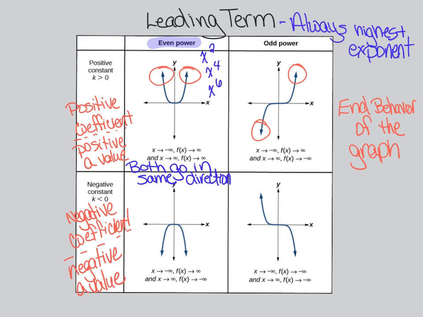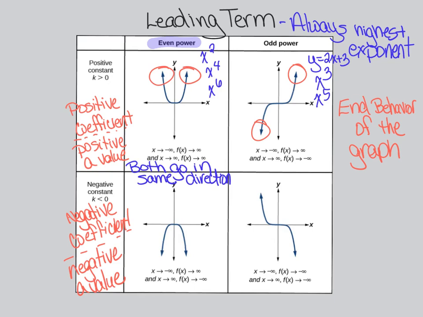Okay, now, students typically do fine with x squared, x to the 4th, x to the 6th. It's the odd powers that are confusing. Do not forget that y equals 2x plus 3 is an odd power. Don't forget that. As is x to the 3rd, x to the 5th, etc. Those are all odd powers.